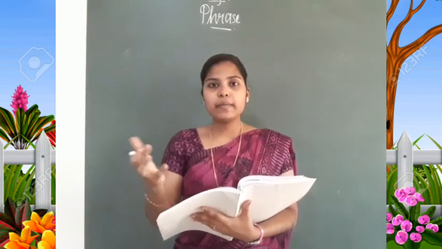An adverb phrase is a group of words that describe or modify a verb, adjective or another adverb. So an adverb is a word that describes the verb. In the same way, an adverbial phrase, we already know that a phrase is a group of words. So these group of words are describing or modifying the verb. Then it is an adverb phrase.